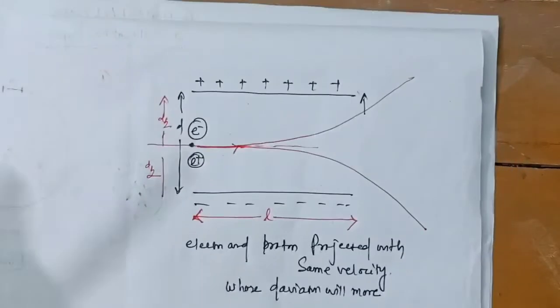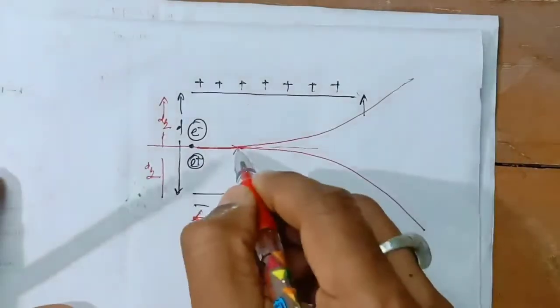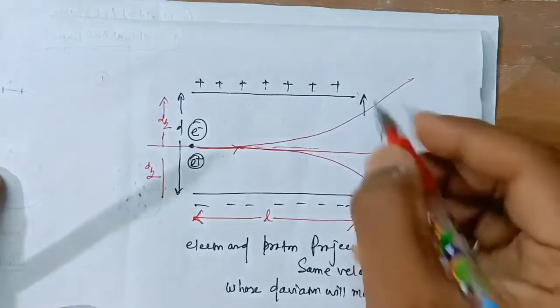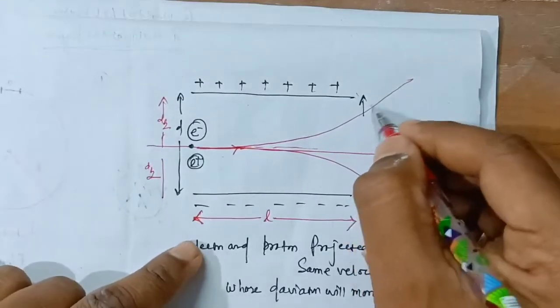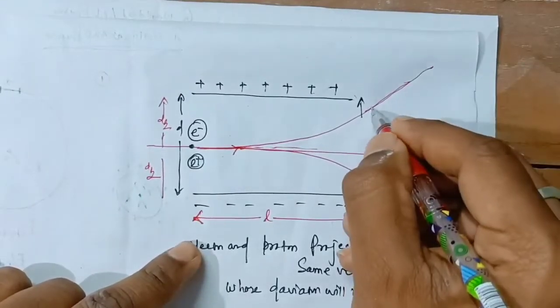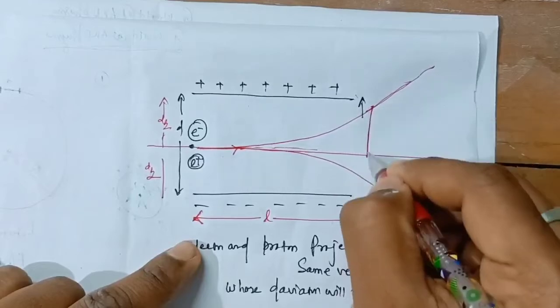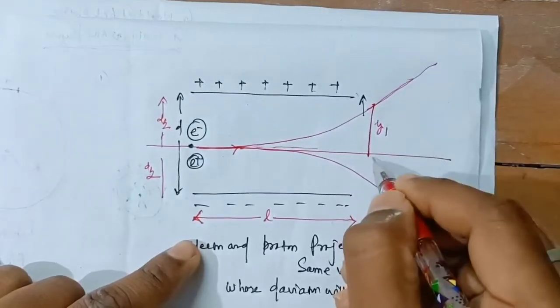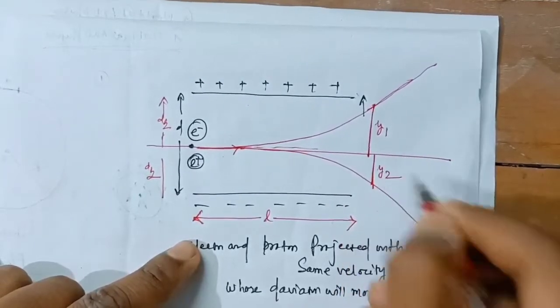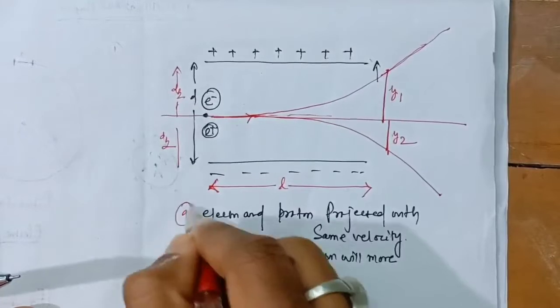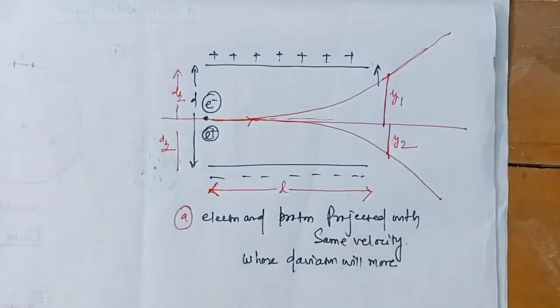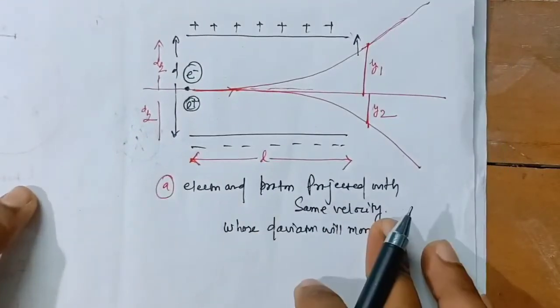What is deviation? The height of the deviation we are talking about. It goes like this. So the maximum height of deviation of the electron, I'll say this is y1 and this is y2. If the electron and proton are projected with the same velocity, whose deviation will be more?